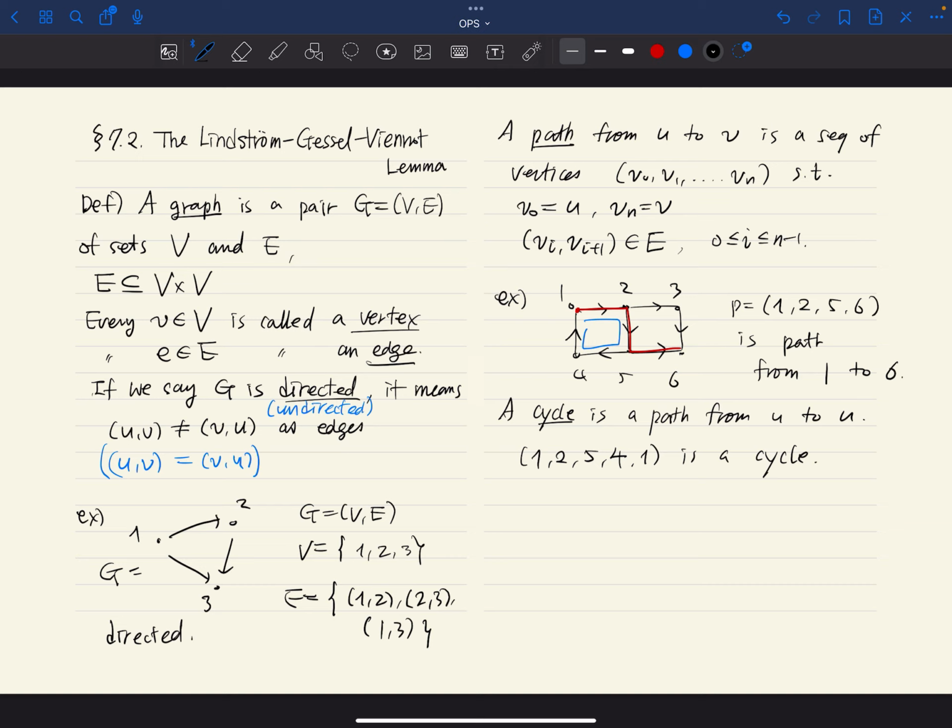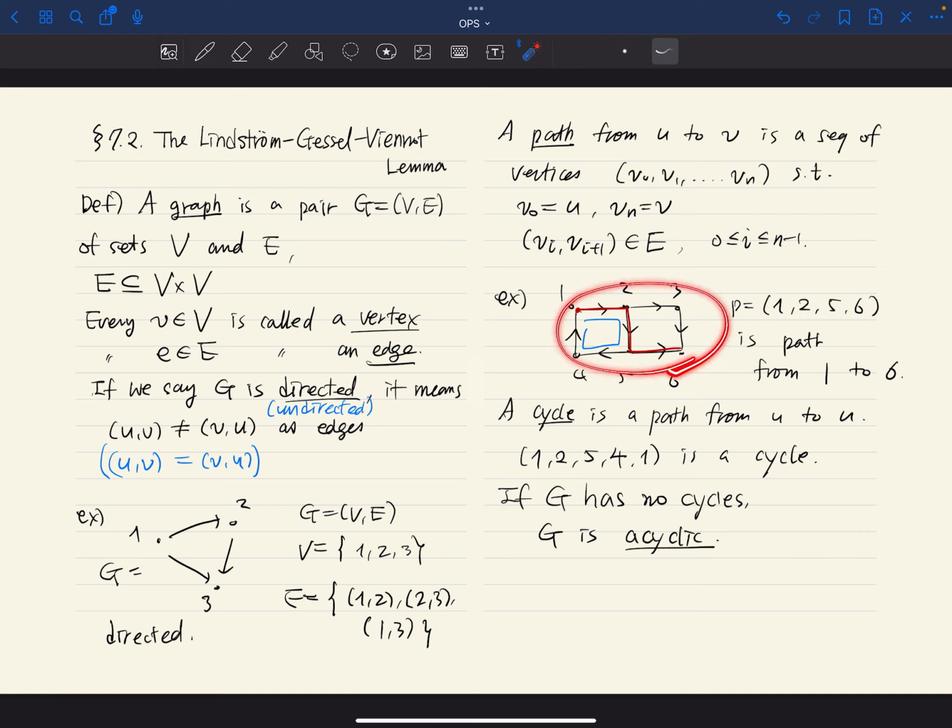And if our directed graph G has no cycles, we say that G is acyclic. Acyclic means no cycle. So this is not acyclic because there's a cycle, but this is an acyclic graph because we don't have any cycle. The cycle must follow the edges in the direction of the edge.